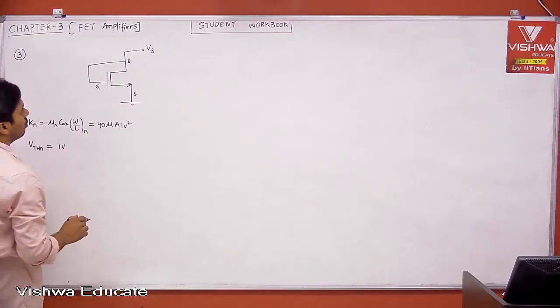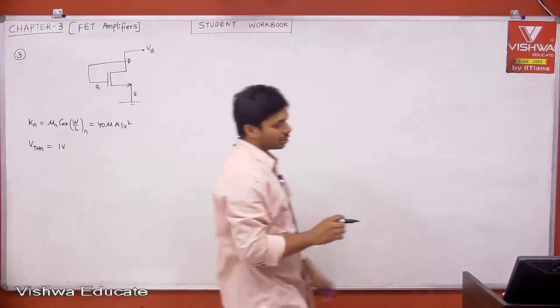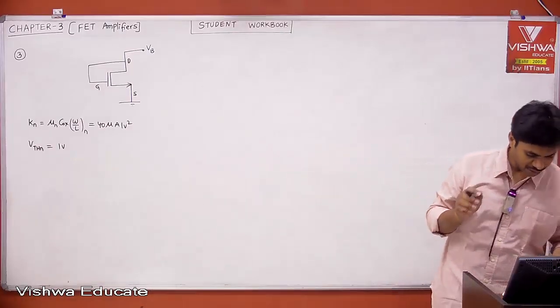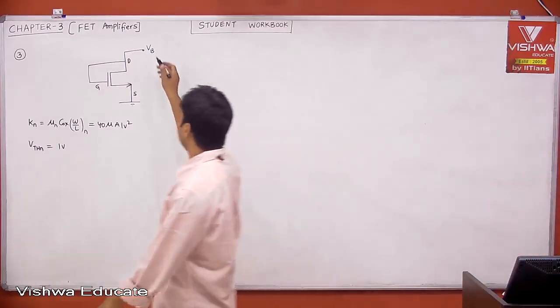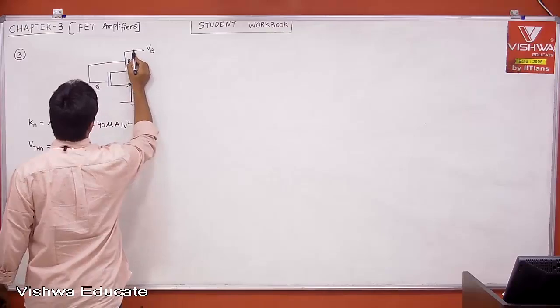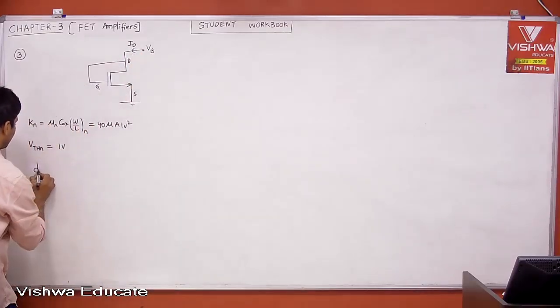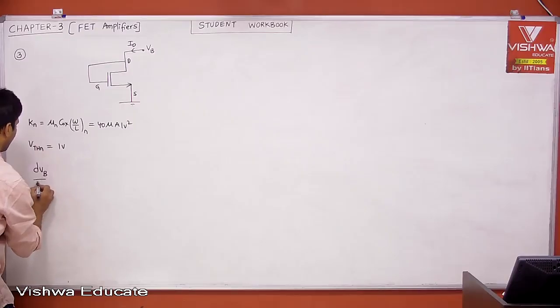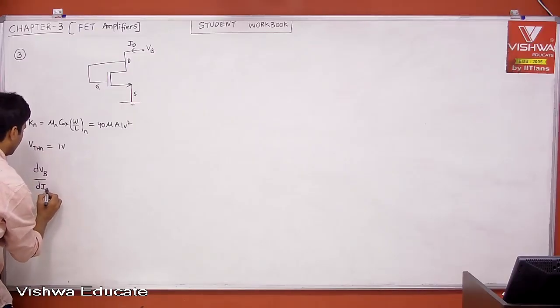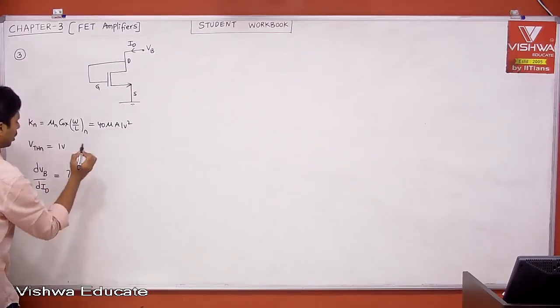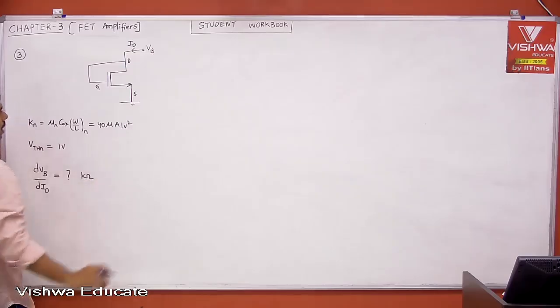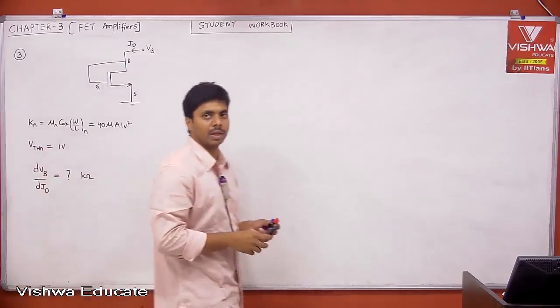Then what is asked? The small signal resistance dVb by dId. Therefore, what is this current? This is, let us say, Id. Therefore, dVb by dId in kilo ohm. That is the problem. Okay.